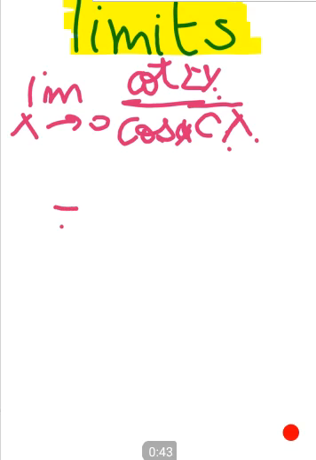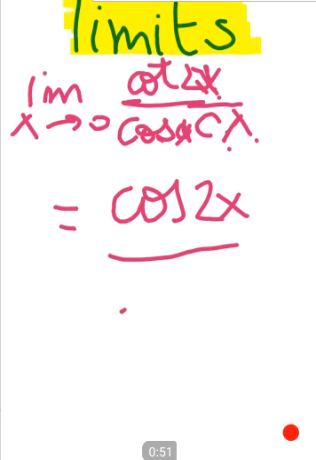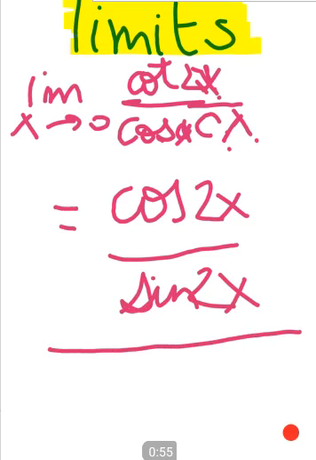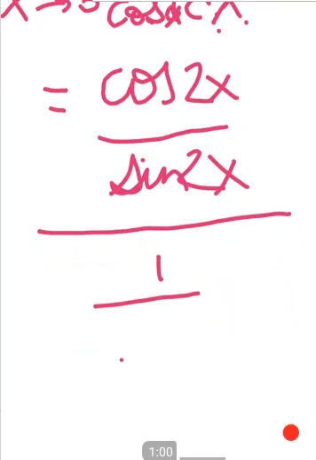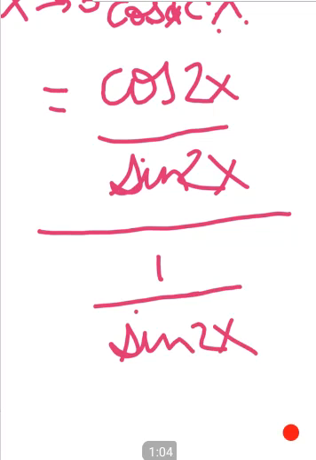So we can write cotangent 2x as cosine of 2x over sine of 2x. Then we divide this by cosecant x, that is 1 over sine x. So we can make this jump up here.